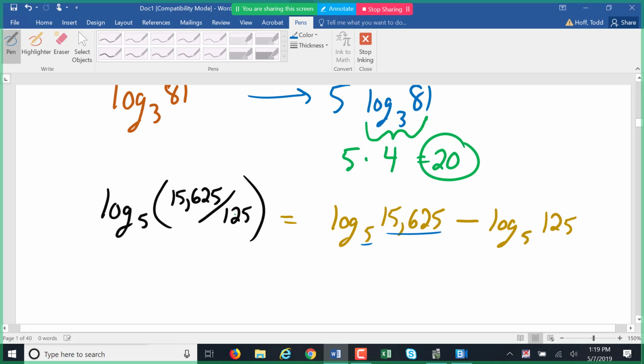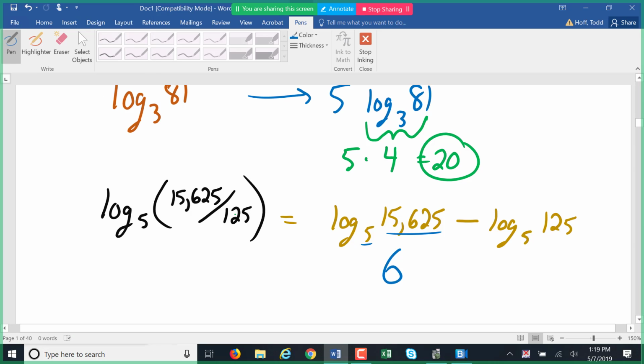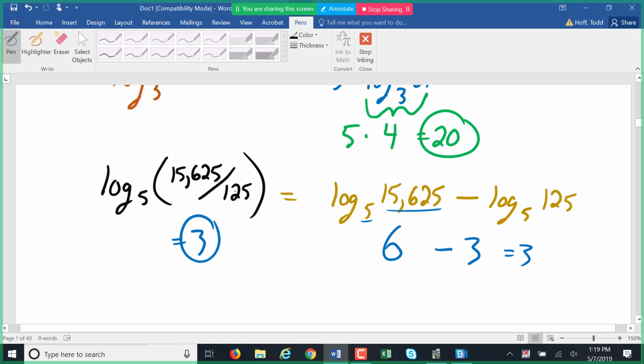Log base 5 of 15,625 is 6. 5 to the power of 6 is 15,625. What is log base 5 of 125? 3. So 6 minus 3 is 3. So log base 5 of 15,625 divided by 125 is 3. That one's a lot less useful than this other one.